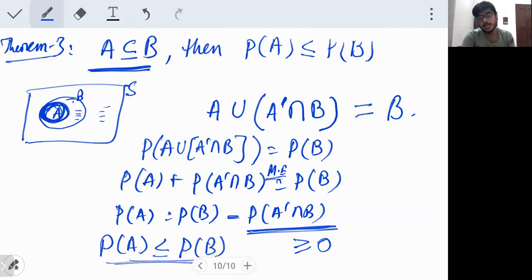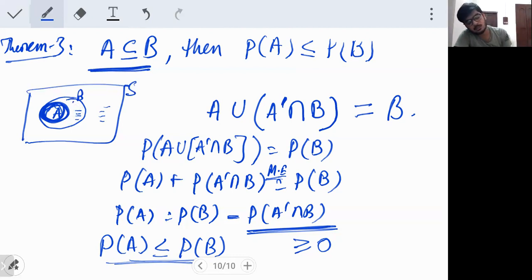So we have to explain why the probability of A dash intersection B is greater than or equal to 0, right? We have to define. So what is the probability of A dash intersection B? It also contains some part of A, right? So we are talking about this portion.